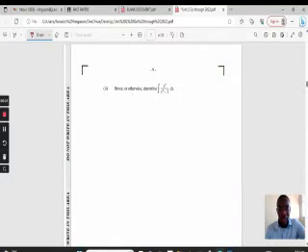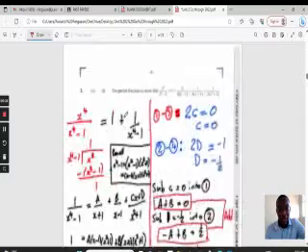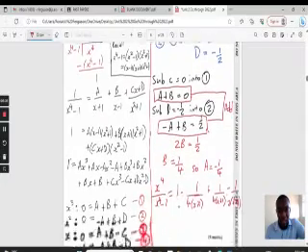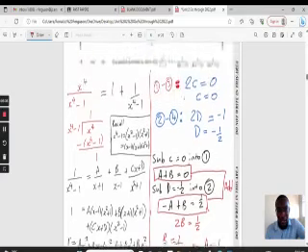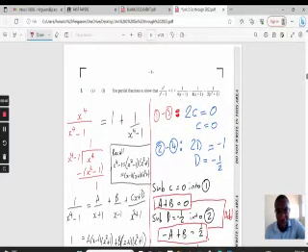Now it says hence or otherwise determine this integral. I'm gonna go with hence. So integrating x to the 4 over x to the 4 minus 1 dx. Going with the hence, we're integrating all of this using the hence. So we're integrating this expression instead.